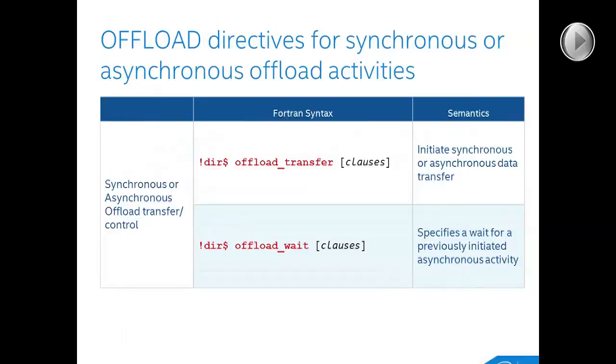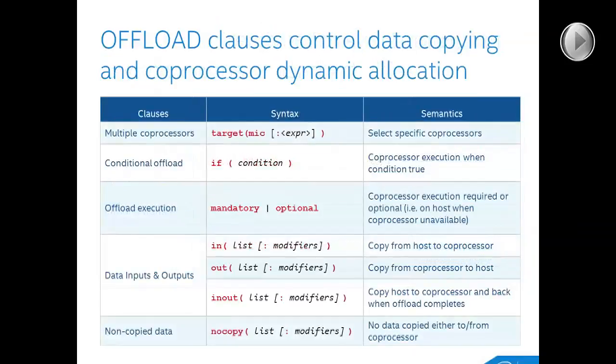One of the clauses that you can use, and we'll see it coming up, can be used with these directives as well as the earlier directives, and that's to create asynchronous offload activities. Some of the clauses that are available range from clauses that allow you to control selection of coprocessors to assigning other conditions to the offload. These can be programmatic conditions to determine whether an offload would occur.